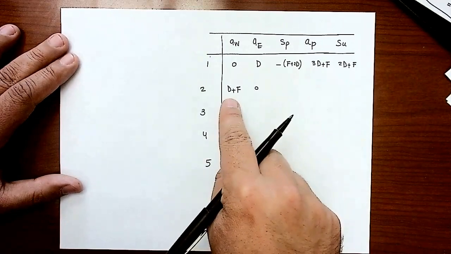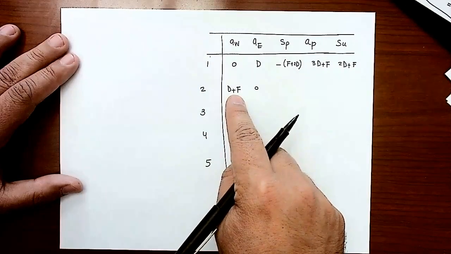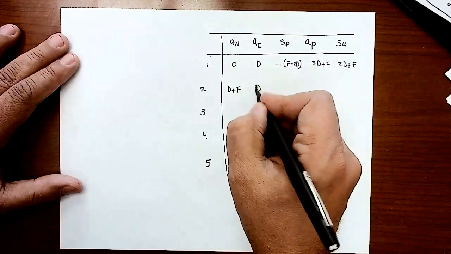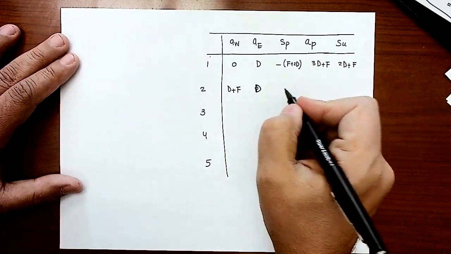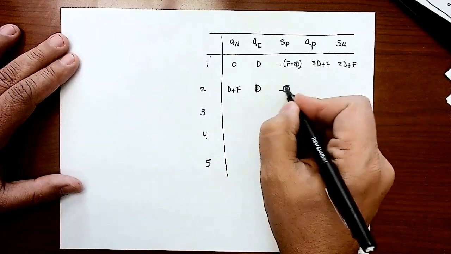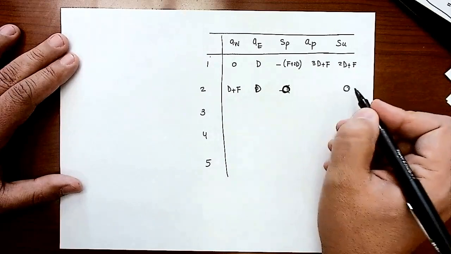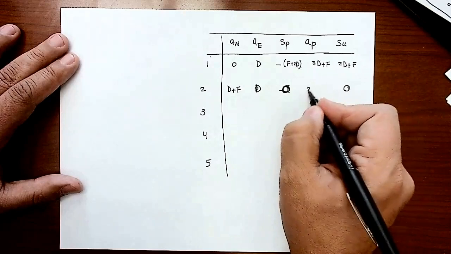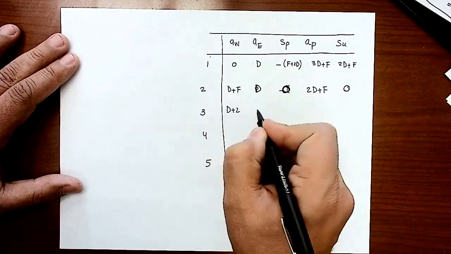A West is F plus D. A East actually is D, sorry. Then SP is actually 0. SP is 0. And SU is 0. And AP is 2D plus F. And we're going to repeat that for the coming 2 lines here.